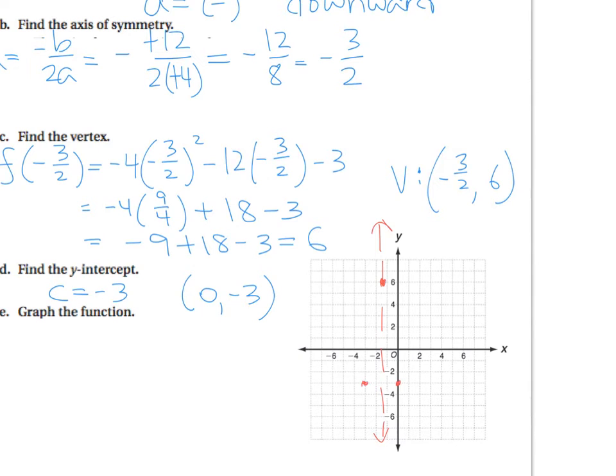So that should be there. At -3, -3, and opens down.